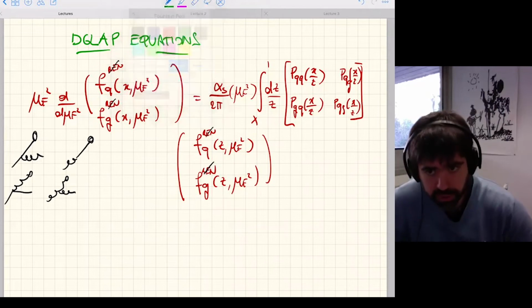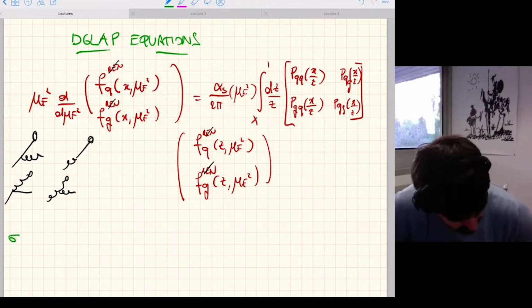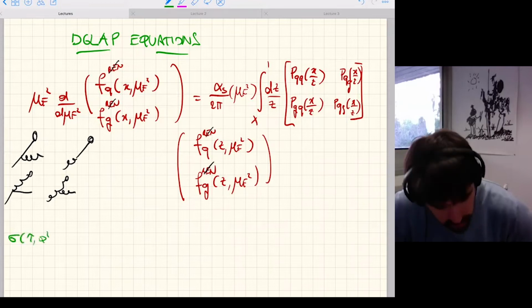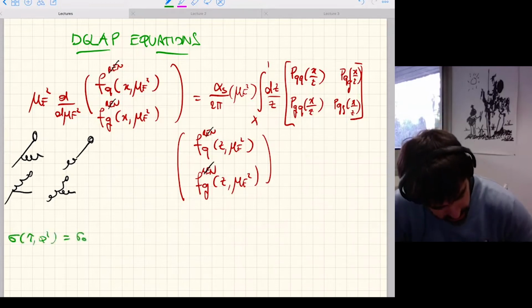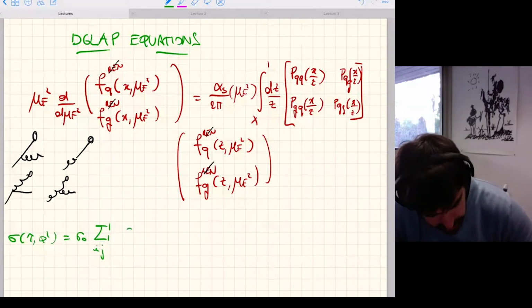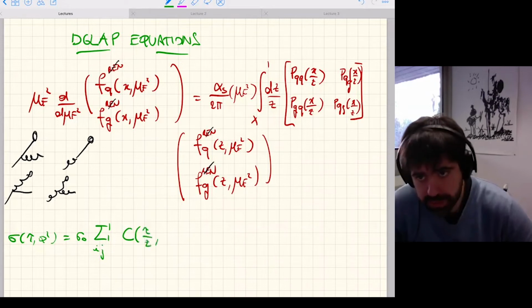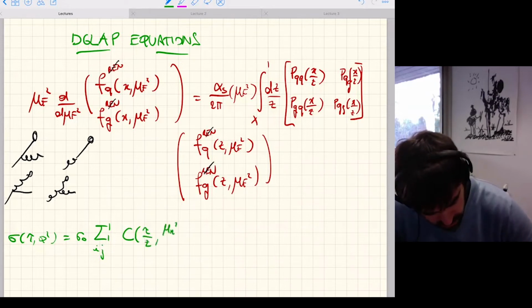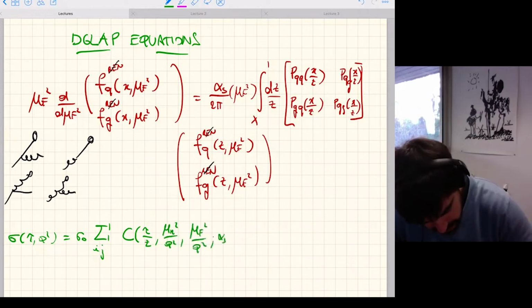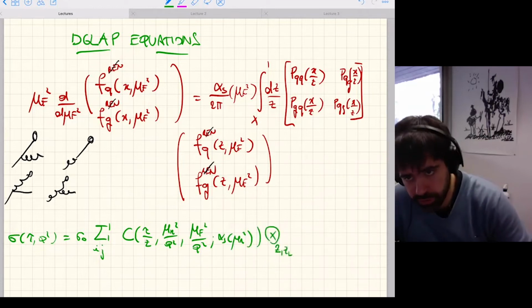In its full glory, we would write sigma-hat of tau and Q squared as sigma_0 times the sum over i and j of a coefficient function that now contains all-order corrections, C_ij of tau over z, mu_r squared over Q squared, mu_f squared over Q squared, and alpha_s(mu_r squared), convoluted over z_1 and z_2 with renormalized PDFs.